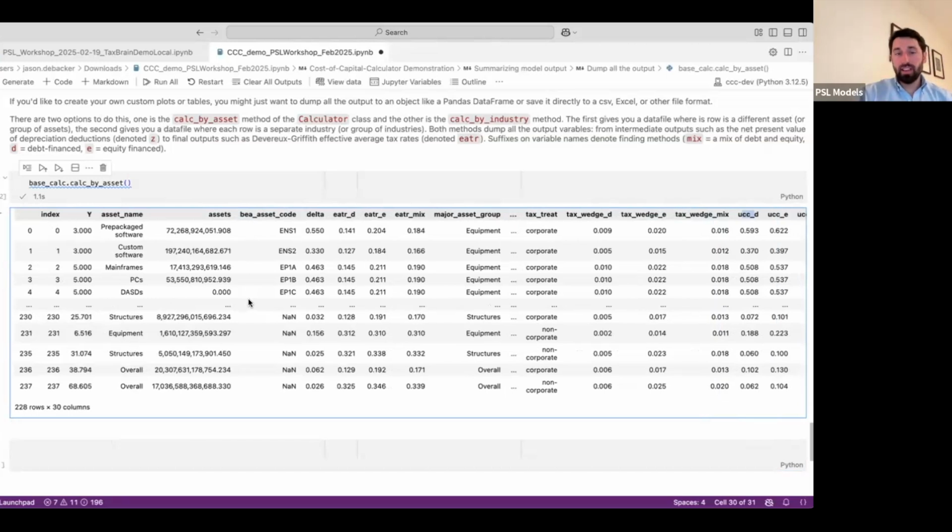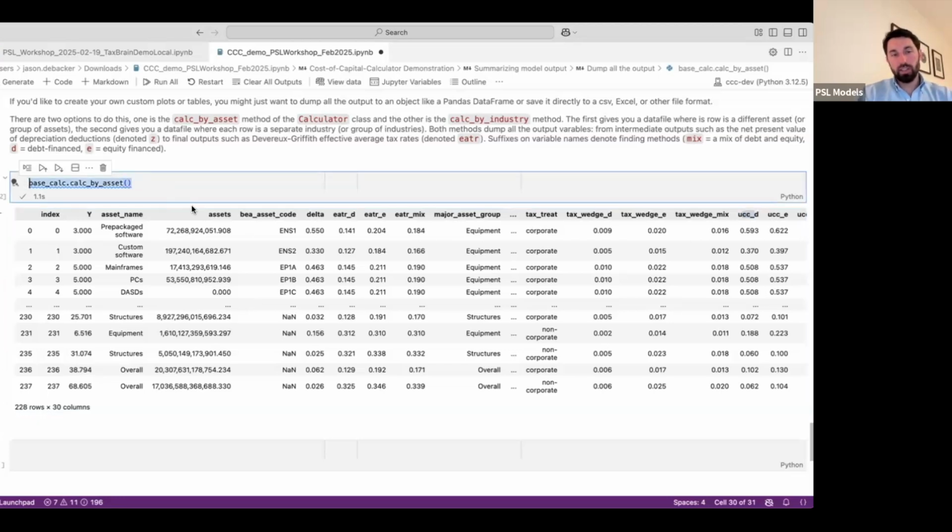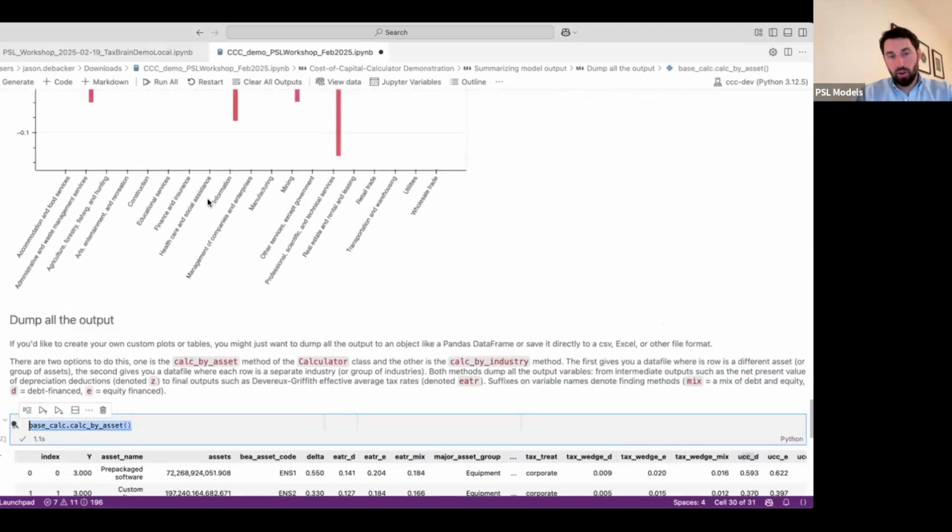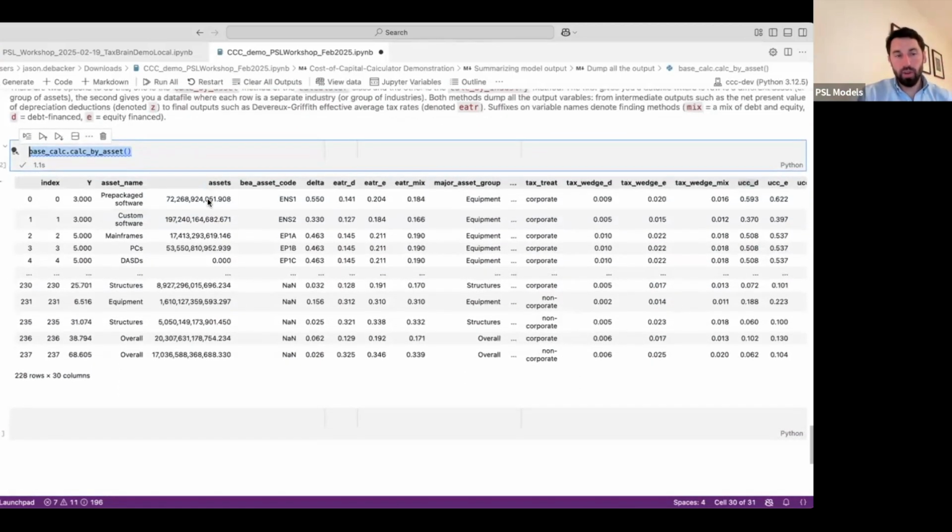Any way you want to slice these data, by type of financing, by corporate versus non-corporate, by industry, by asset, by year, all of that is free to do, and you can get that right from that calculator object, just dumping out tables where you compute the values of everything, all those measures of the incentives, marginal and average tax rates, for example, by asset. And that is the input to all those figures and tables above. And so with that, you can produce any visualization you want.